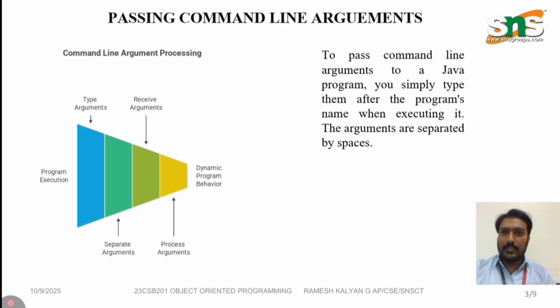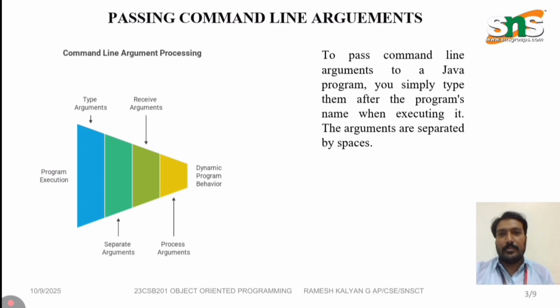So how to pass an argument? To pass command line arguments to a Java program, we simply type them after the program's name when executing it. For example, when we are compiling a program, we give javac space filename.java, then for running we give java space filename.